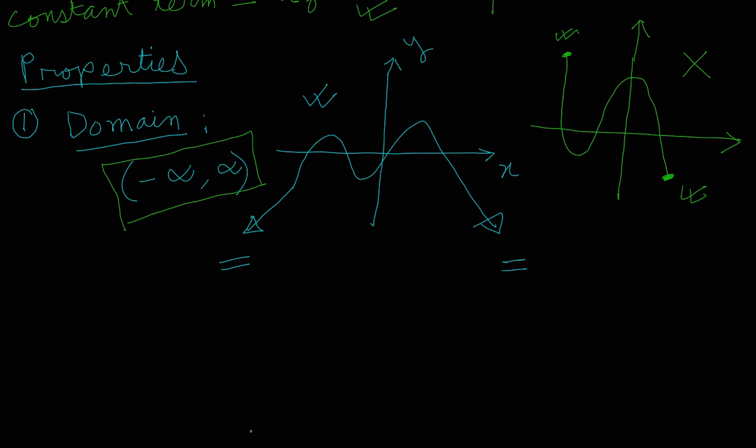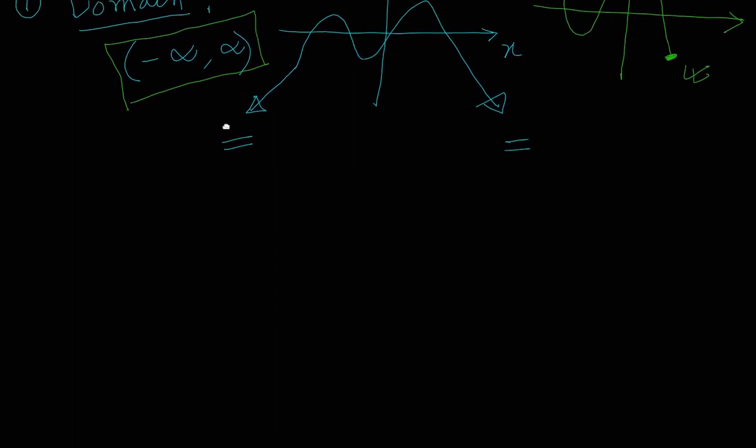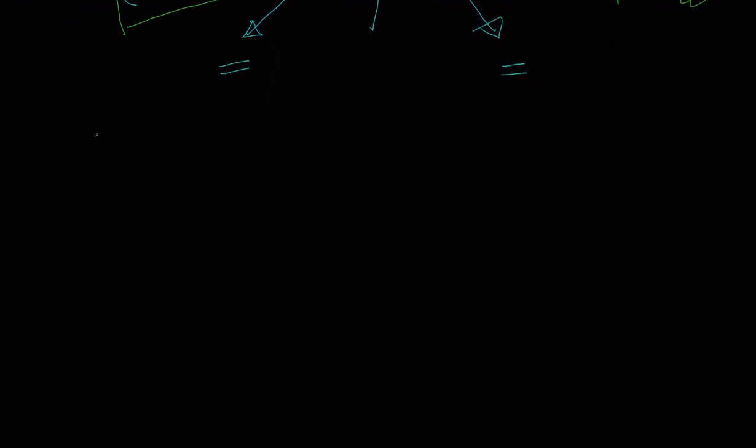Now let us see the second property. The second property of a polynomial function is that any polynomial function needs to be continuous. Okay, so a continuous curve. All right, so let us see two examples.